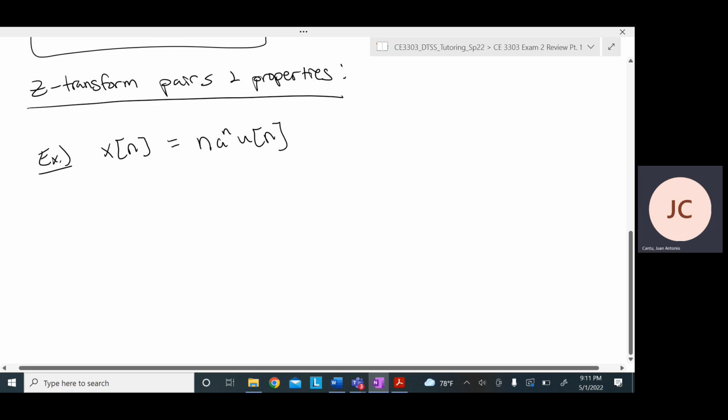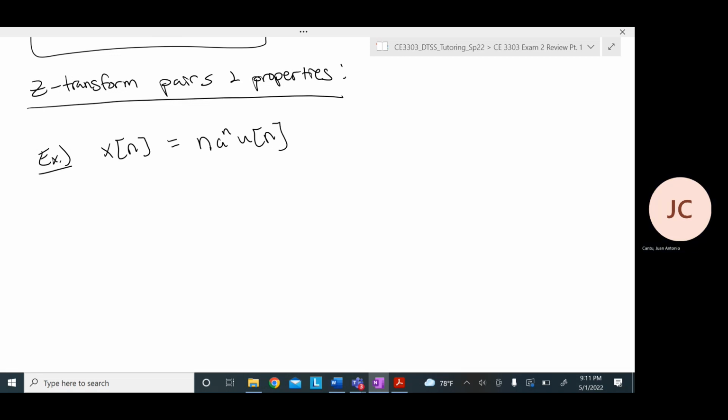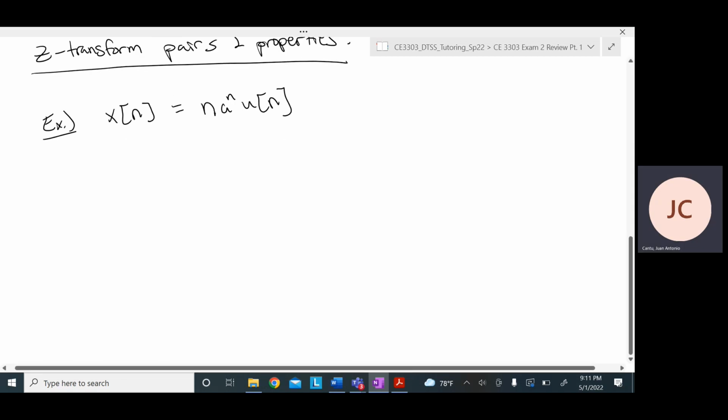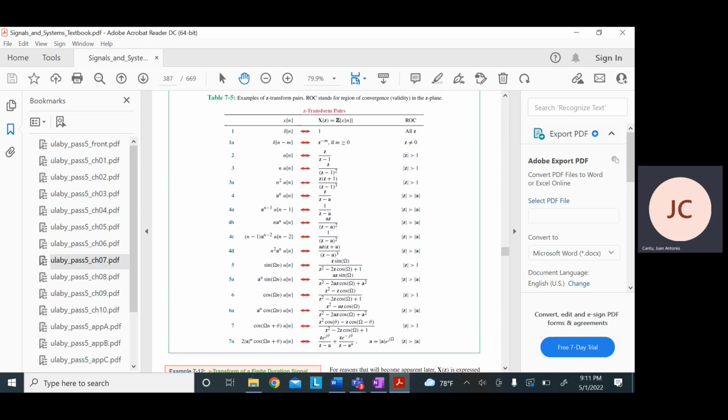Okay, so this is a very generic signal. We're not given what a is. But if you'll notice, this signal n a to the n u of n is actually on your table, I believe. Yeah, right here. So we're actually just simply going to be proving this transform pair.